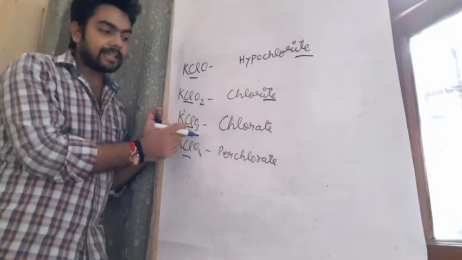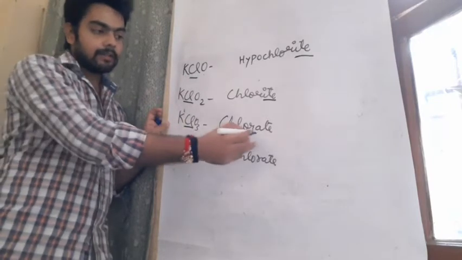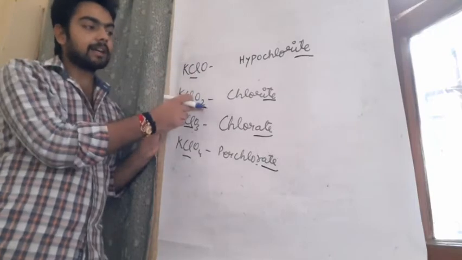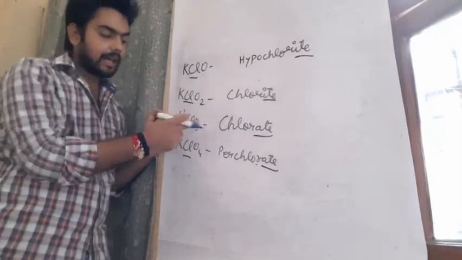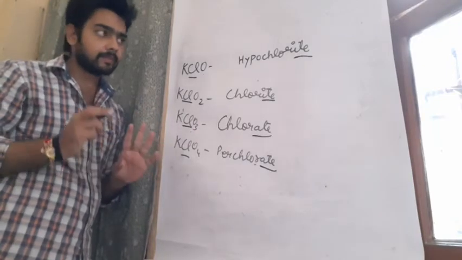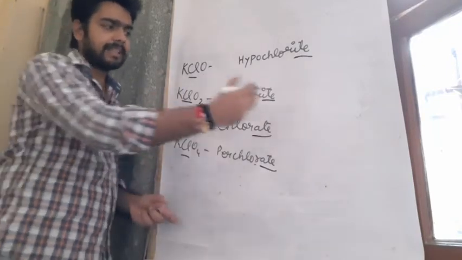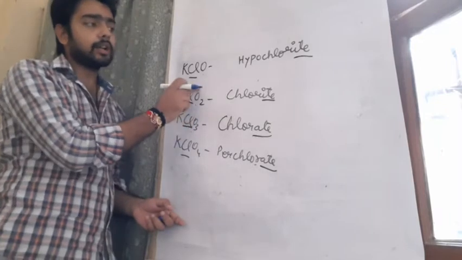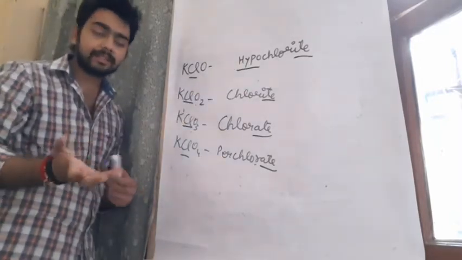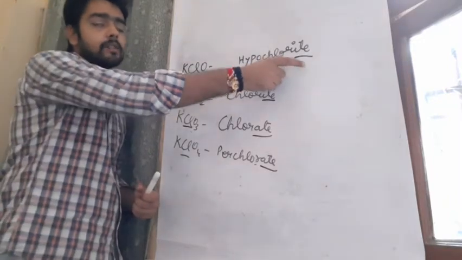But the ones with higher numbers like 3 and 4 have suffix ATE. So जहाँ पे ऑक्सीजन कम होता है, there is ITE, and where we have more oxygen, the suffix is ATE. It is similar to the previous one. But the basic is, if we have less than 2 oxygen, then hypo prefix is added to it. Prefix मतलब उपसर्ग. Hypo is added along with ITE.